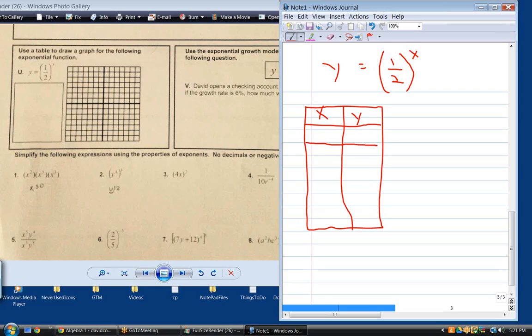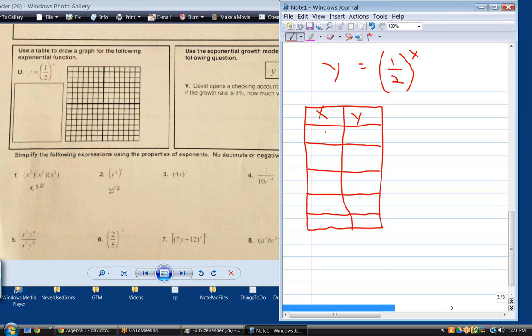Let's plug in some values for x and figure out what y is, and then we'll just graph that series of dots and connect the lines. So give me a first value for x.